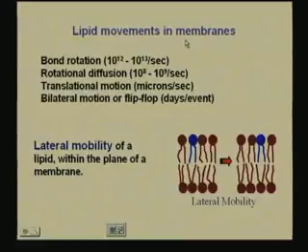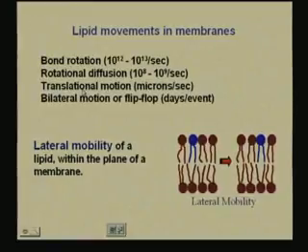These lipid movements are actually what are causing some disruption and some features, specific features of the membranes. Now, if we look at lipid movements in membranes, bond rotations occur at this level, 10 to the 12 to 10 to the 13 per second. The rotational diffusion is about 10 to the 8 to 10 to the 9 per second.